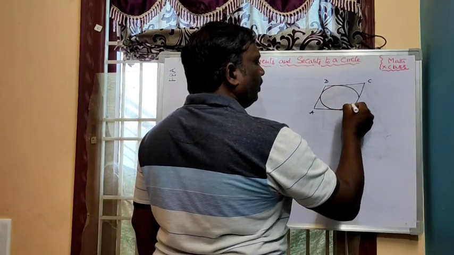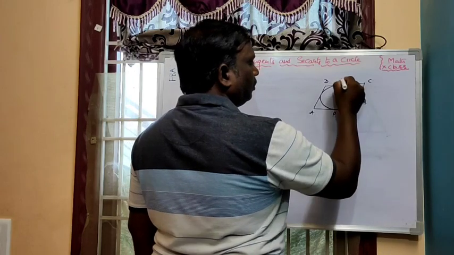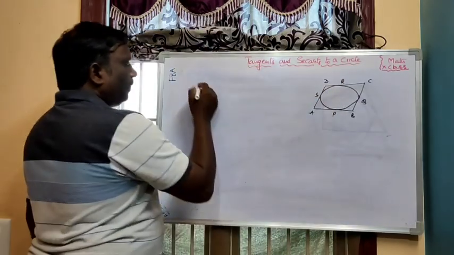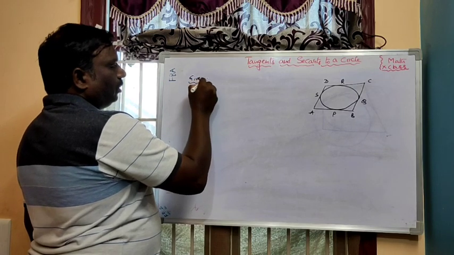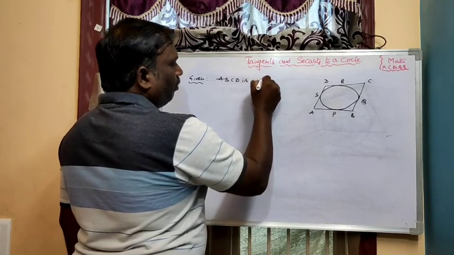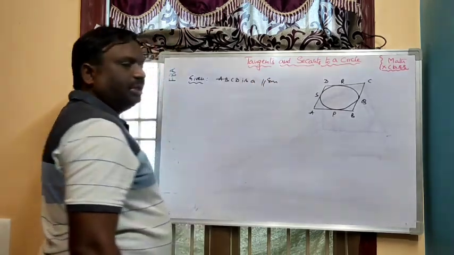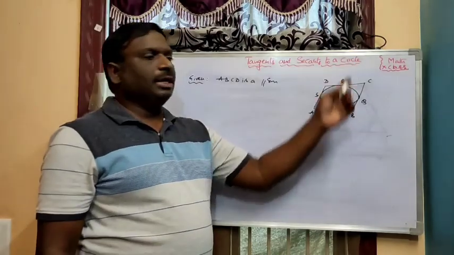Already explained in the statement 4 proof. Similarly here also, given ABCD is a parallelogram. Already we know the properties of a parallelogram. Opposite sides are equal.